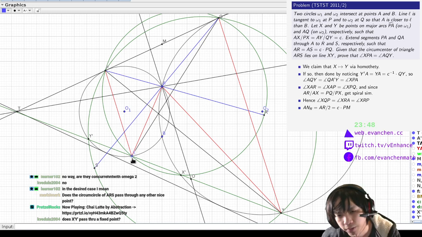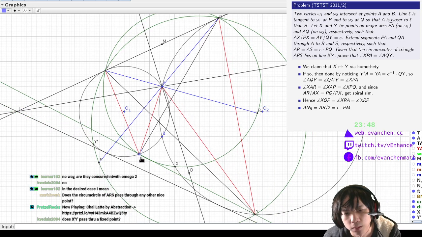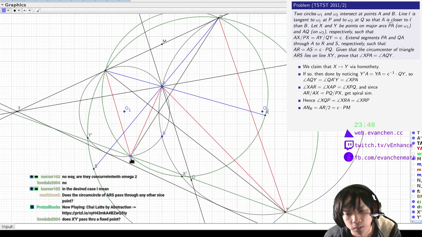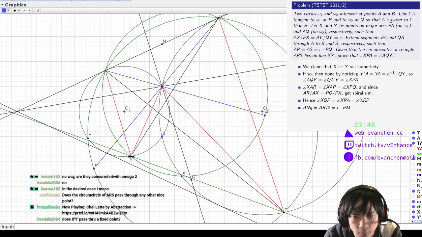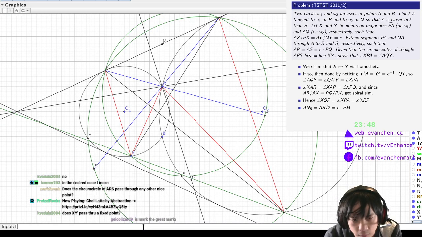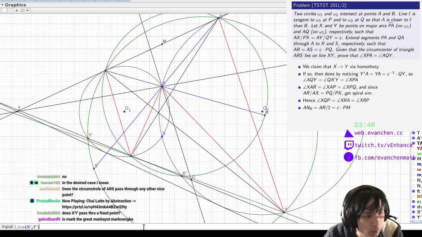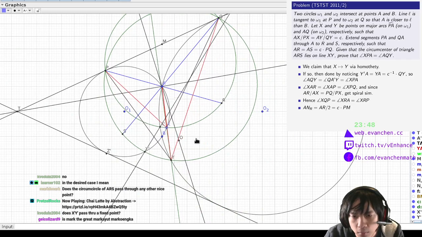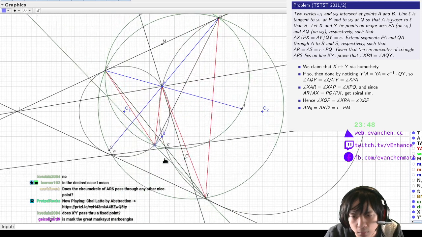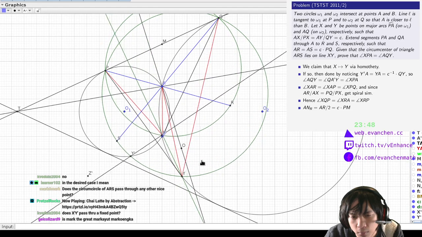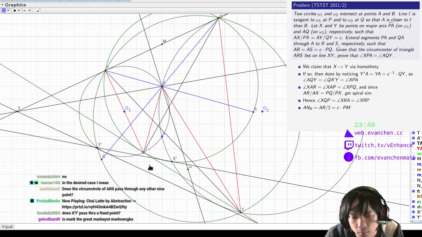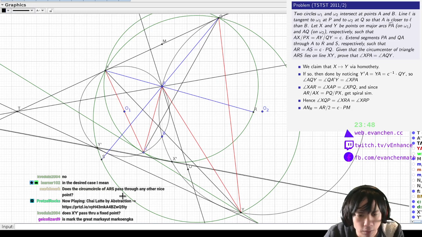Does X'Y' pass through a fixed point? Maybe. I don't think it does.